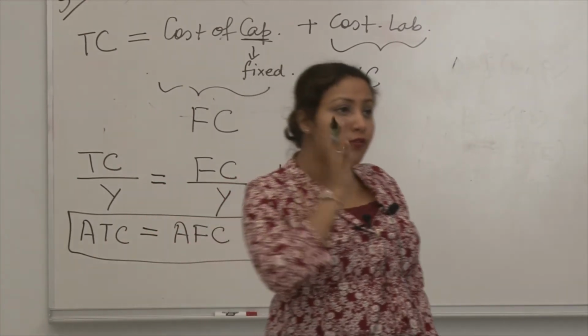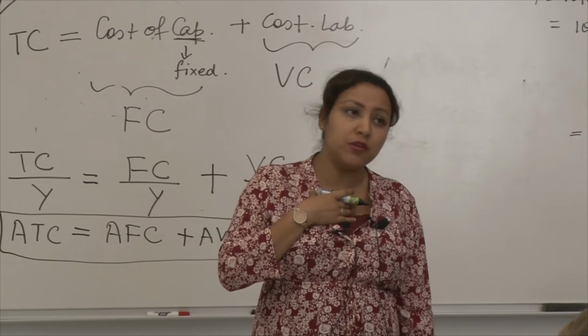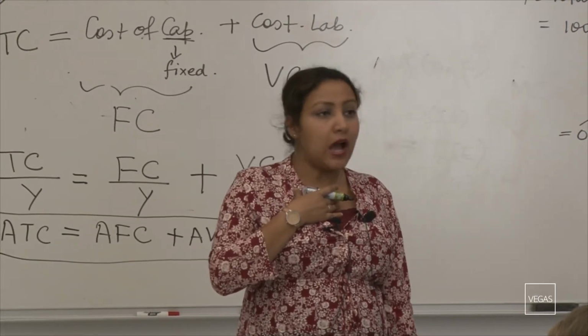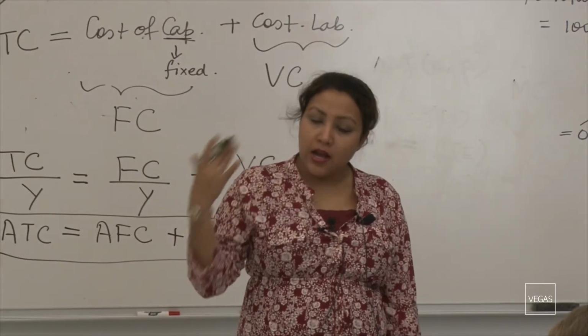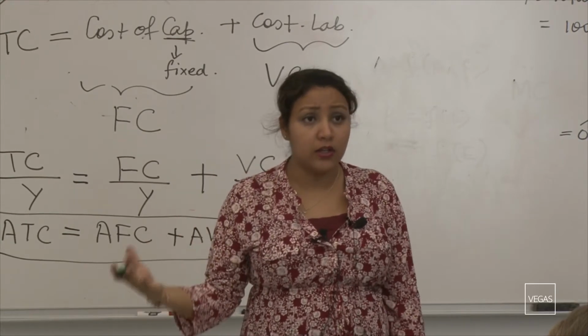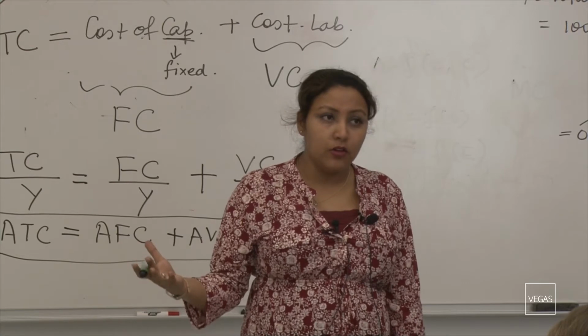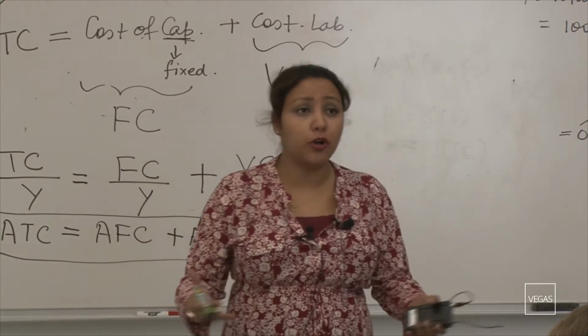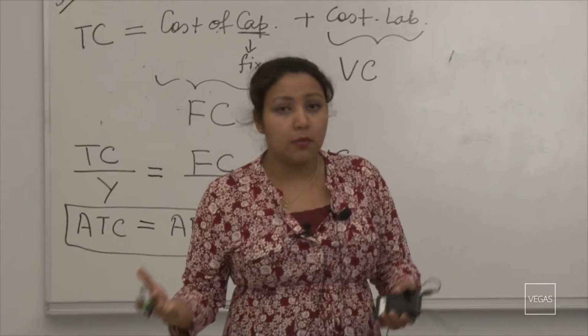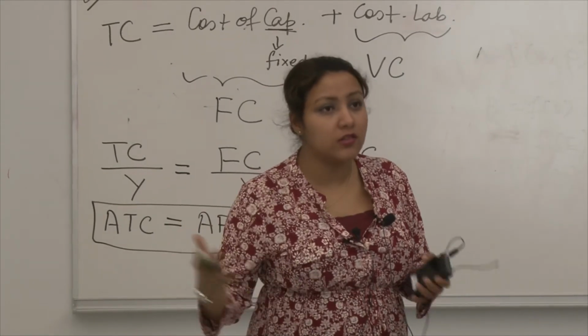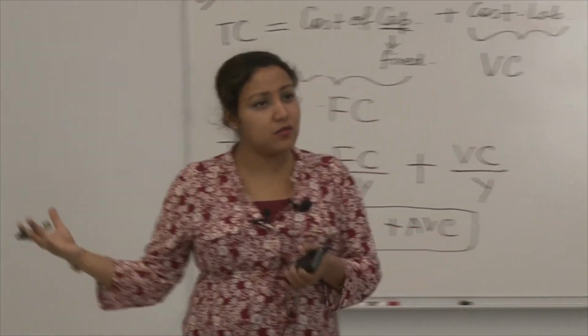So now think from the flip side of things. If I am a business owner and I hire a worker, and then I hire the second one, then the third one, initially it is extremely beneficial for me to hire those workers because they are all productive workers, correct? But then after a point, those workers start becoming less and less productive.